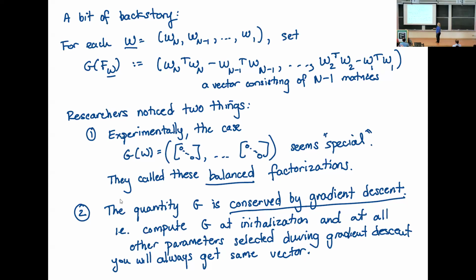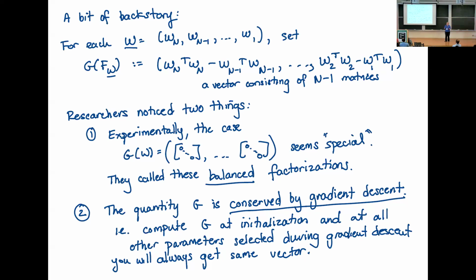But yes, thanks, Maya. So point 2 is that this quantity G is conserved by gradient descent, meaning that if you compute this G at whatever matrix you initialize, whatever vector of matrices you initialize at, and then you do gradient descent, all the sequences of parameters that you pass through will all have the exact same G. So that's a really strong statement about where you can get to by training.